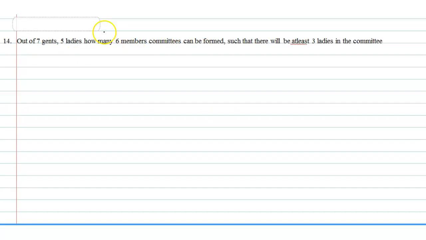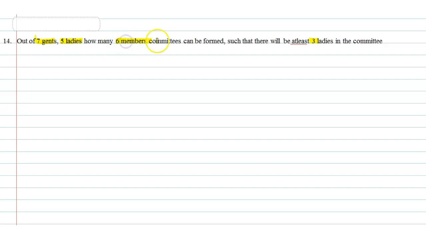Next, question number 14. Here the question is like this. Out of 7 gents and 5 ladies, how many 6-member committees can be formed such that at least 3 ladies are in the committee? So total 7 gents are there, 5 ladies are there, a 6-member committee we need, right?